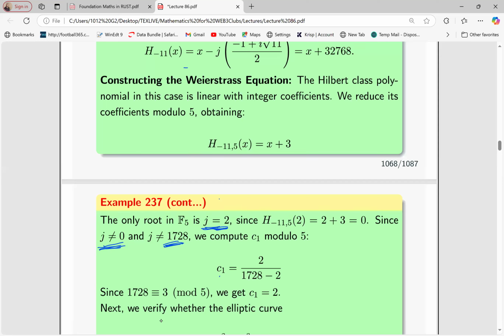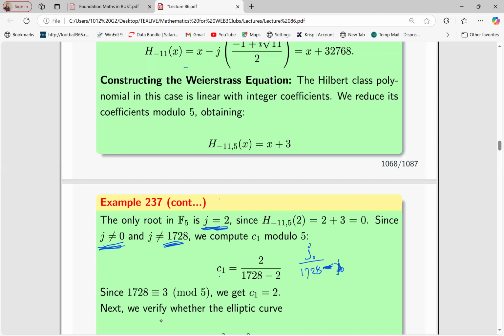The formula for C1 is J naught out of 1728 minus J naught.